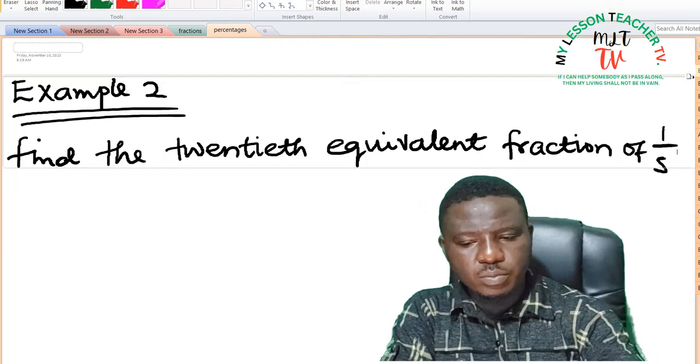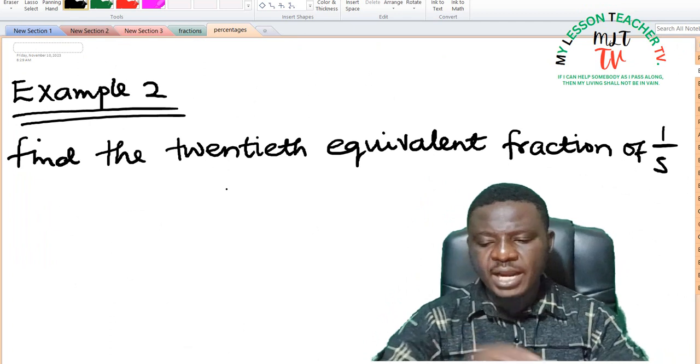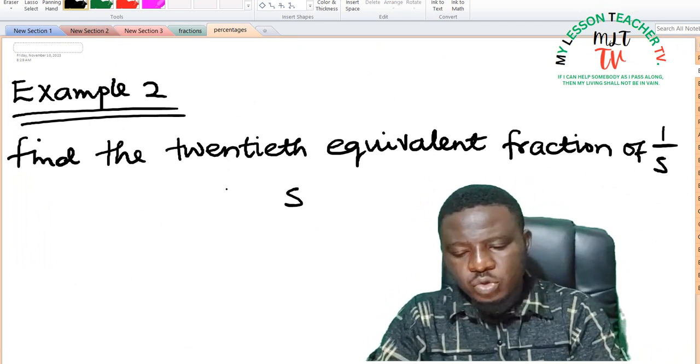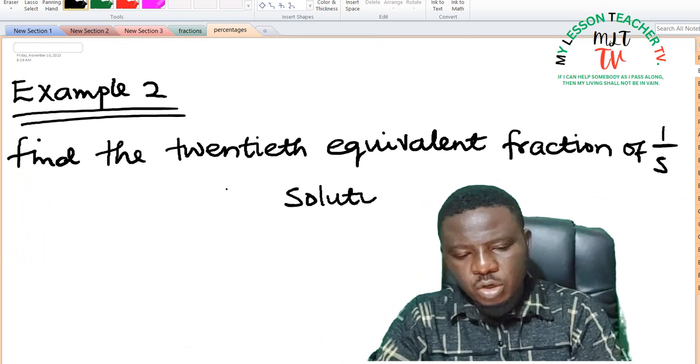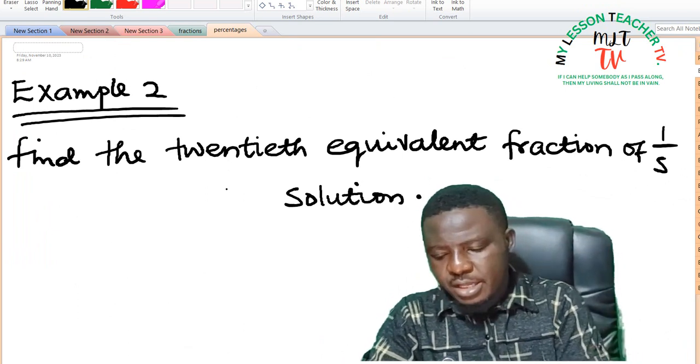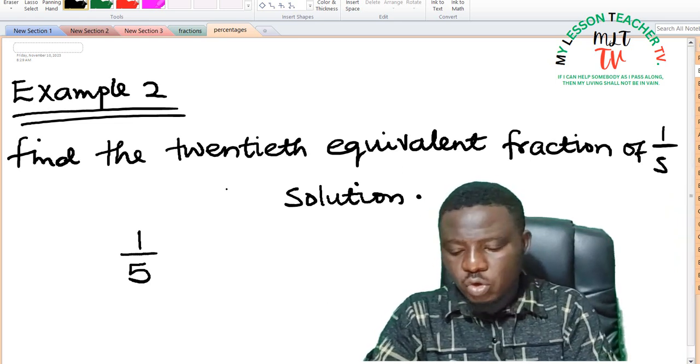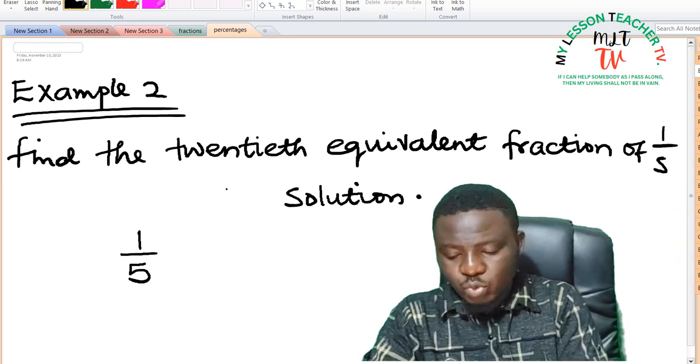Let's take another example. Example 2 says we should find the 20th equivalent fraction of 1 over 5. To get the 20th equivalent fraction of 1 over 5, you multiply both the numerator and denominator by 20.